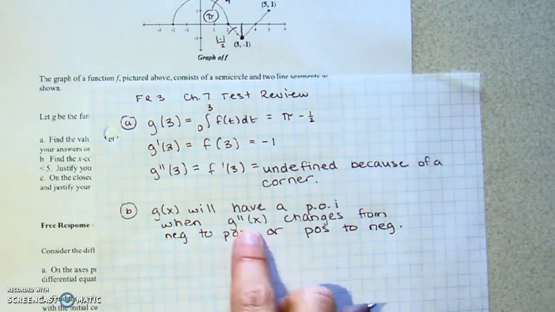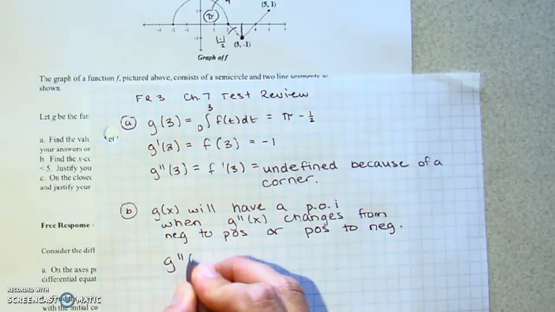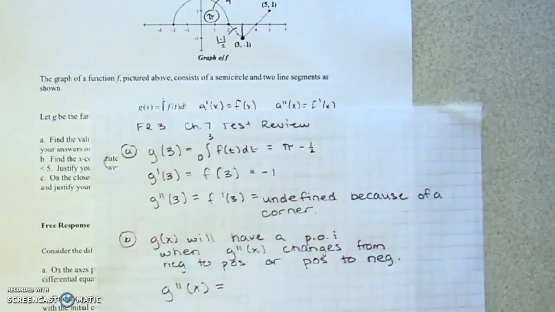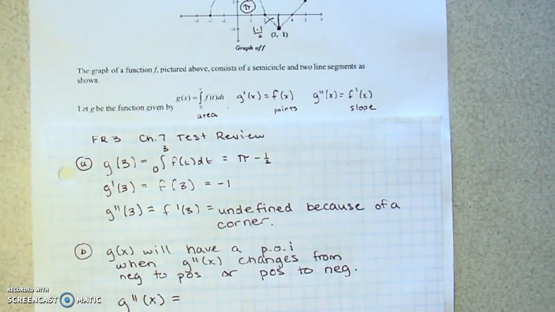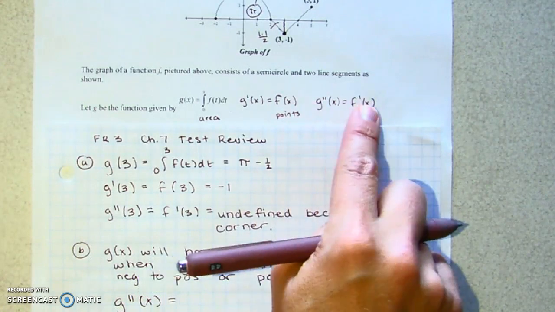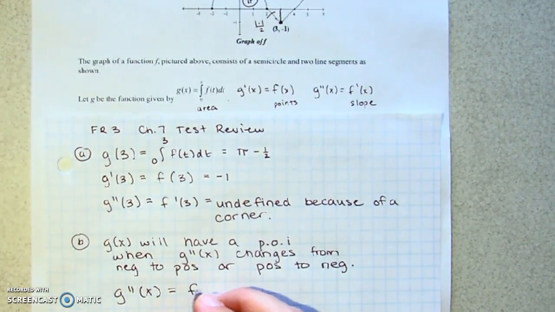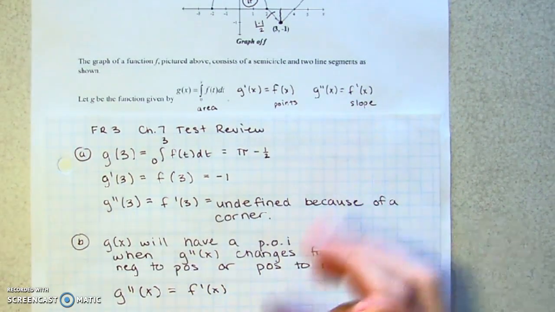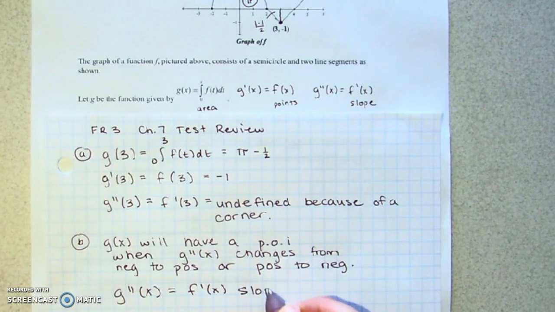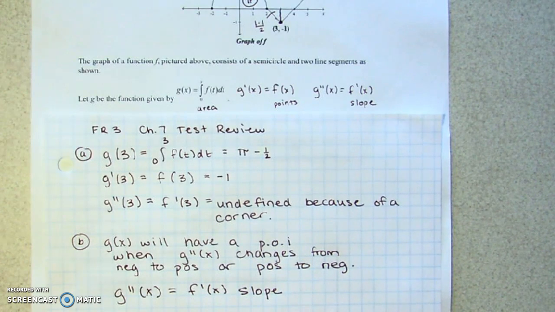So let's look at g double prime. What was g double prime? I have it on my paper somewhere. g double prime is f prime, okay? And f prime is the slope. So we want to know, when does our slope change from negative to positive or positive to negative?